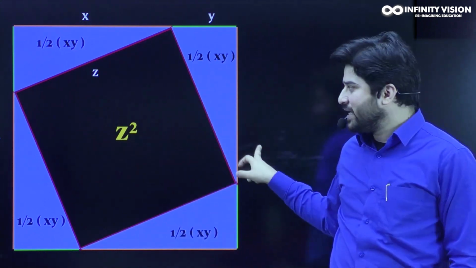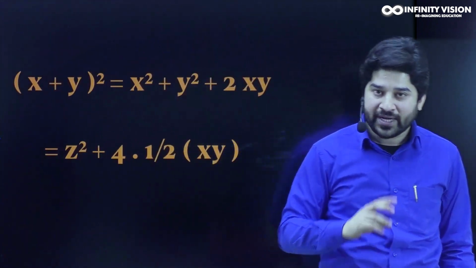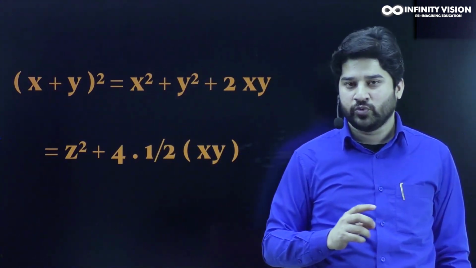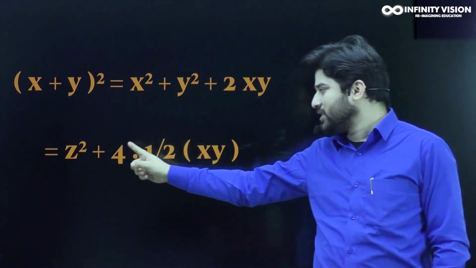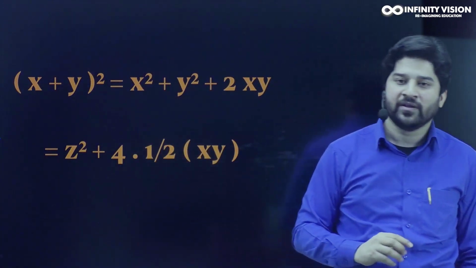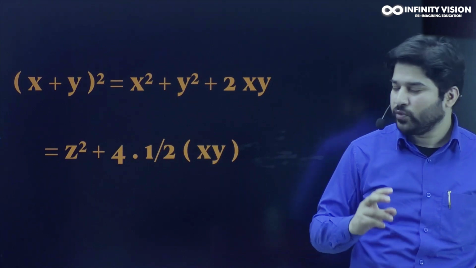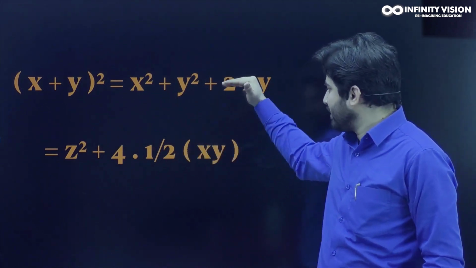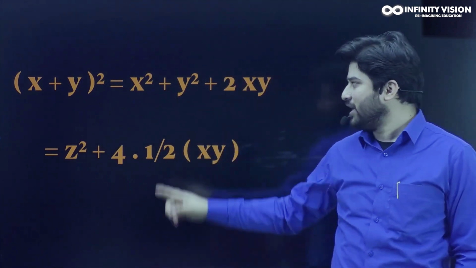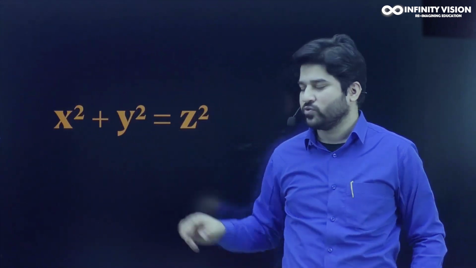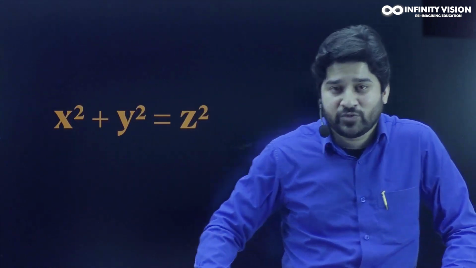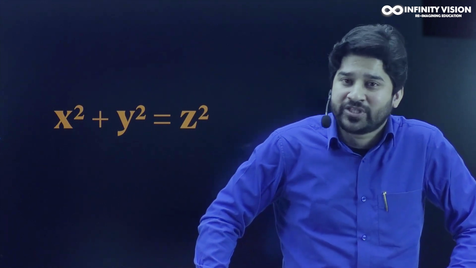So we can say x plus y whole square equals x square plus y square plus 2xy, which is also equal to z square plus 4 times half xy, and 4 times half xy is nothing but 2xy. This 2xy and this 2xy can cancel each other, and you would be left with x square plus y square equal to z square, and that is how you have proved your Pythagoras theorem.